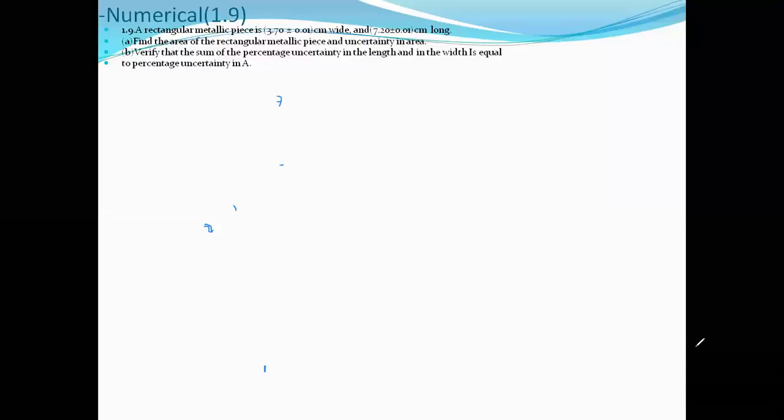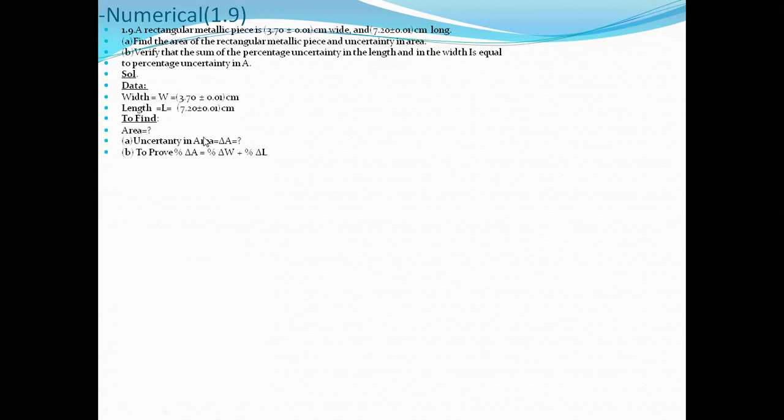Now, in this case, we have to calculate two parts. One is the uncertainty in the area, and the second is to verify that the sum of these two percentage uncertainties is equal to the percentage uncertainty of the area. For this purpose, we will write down the given data.